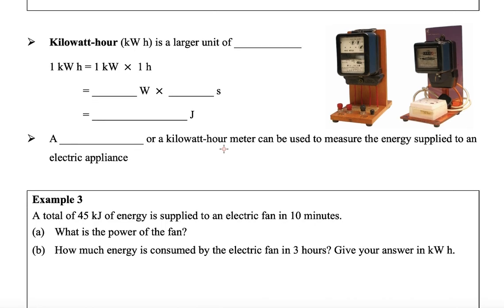And apart from joule, there is also a very common unit for energy. And it looks so strange, kilowatt hour. Why do you see kilowatt here? Why not power? Because it's also hour here. It's kilowatt hour. So this kilowatt is a unit for power, and this h is hour.